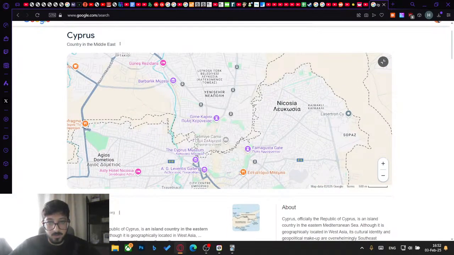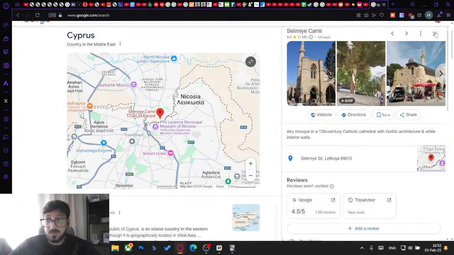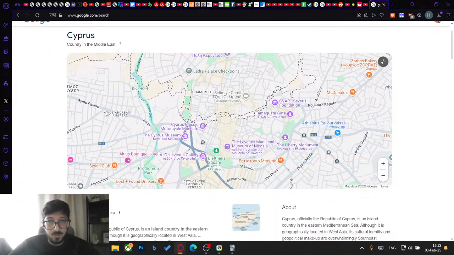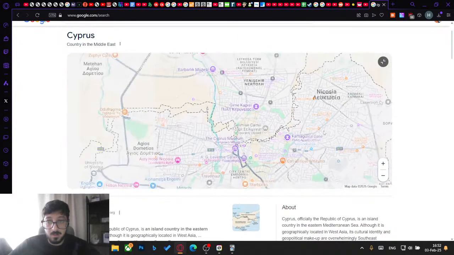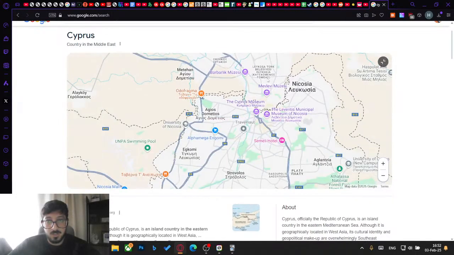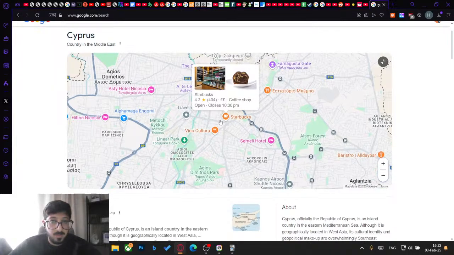This is the old walls of Nicosia. And it's the only capital in Europe that is cut in half. This is the UN buffer zone. And this whole is Nicosia. Here is the Turkish area, and here is the Greek area, or the Cyprus area.